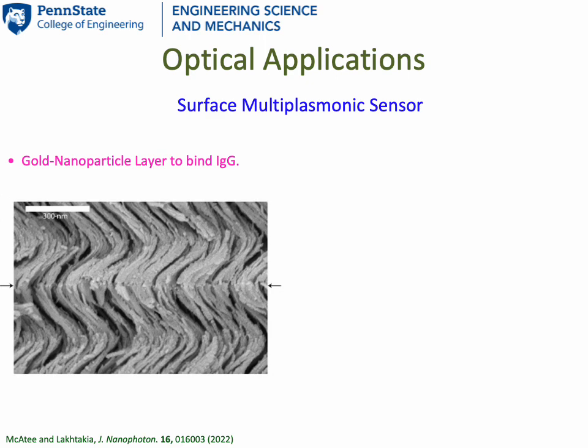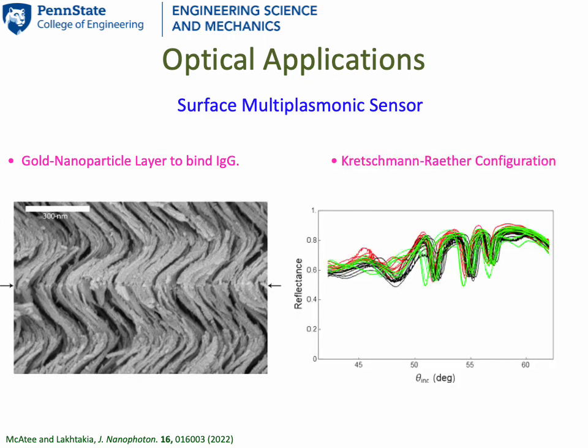In order to sense immunoglobulin G in water, a nanoparticle layer of gold was deposited between 2 chiral sculpture thin films, and protein A was bound to the gold nanoparticles.